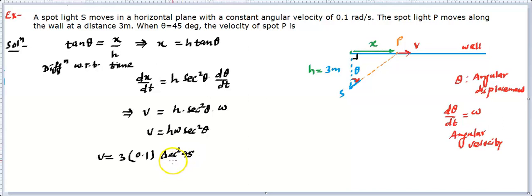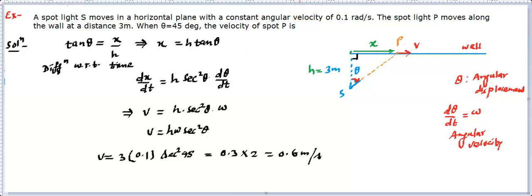You know sec 45 is root 2, and after squaring you will get 2. So it becomes 0.3 into 2, and the square of root 2 is 2. So that becomes 0.6 meter per second. Got it? This is how you can write the constraint motion and find the velocity of the light spot on this wall.